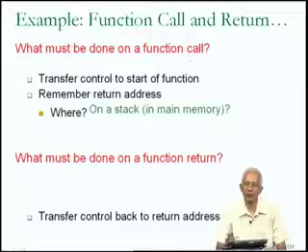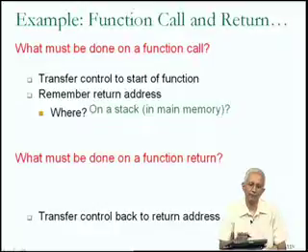And therefore, this will not have a problem with recursive function calls or with nested function calls, and is in fact a reasonable solution for our current situation. So, we are going to assume that this is what we will do. We will assume that when there is a function call, as part of the transfer of control to the callee, the return address inside the caller must be remembered, and that will be done on a stack in main memory.